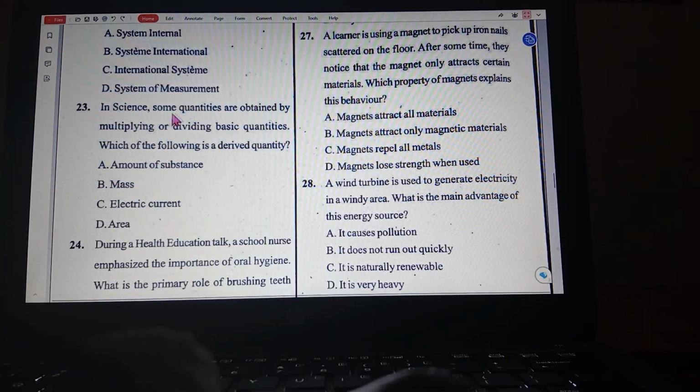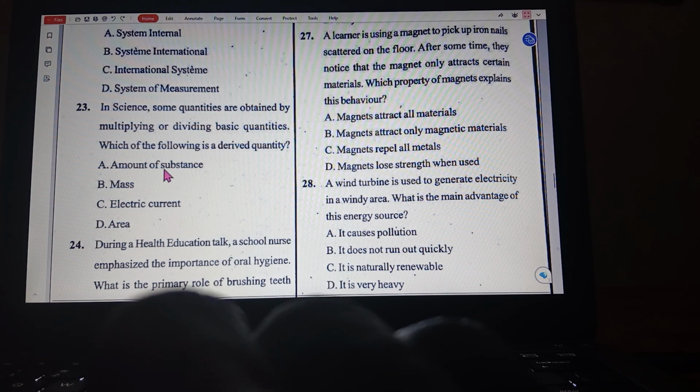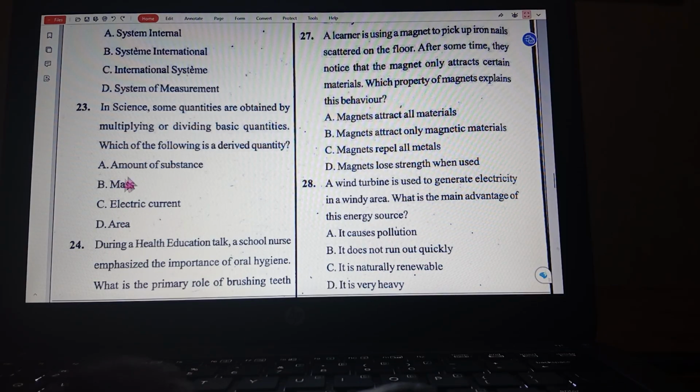Question 23. In science, some quantities are obtained by multiplying or dividing basic quantities. Which of the following is a derived quantity? So we have here 4 quantities, and you are being asked which one is a derived quantity.